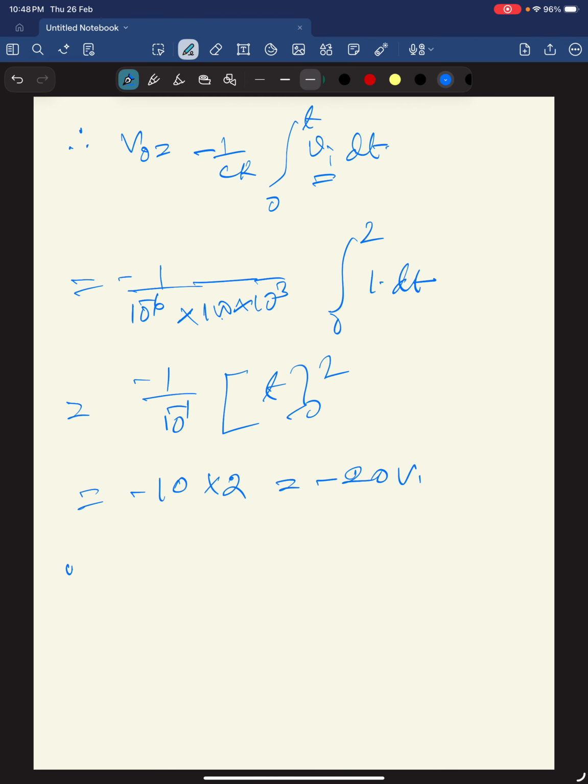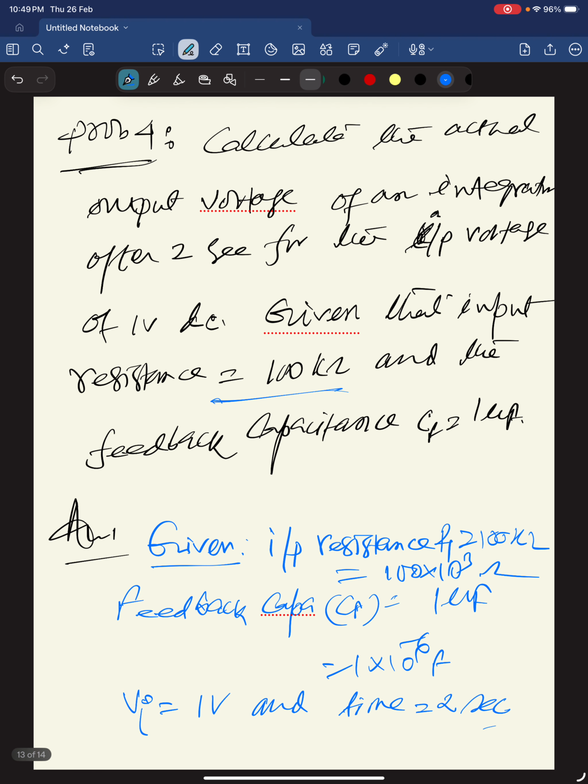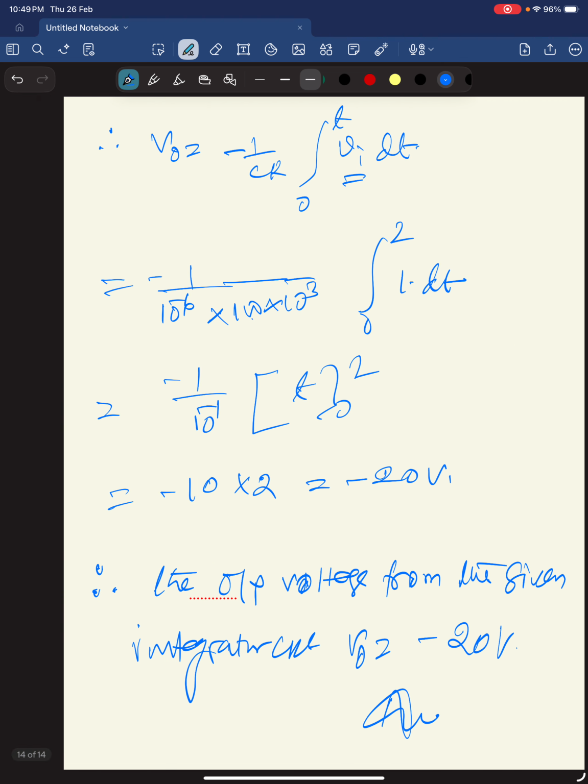Therefore the output voltage from the given integrator circuit V0 is equal to minus 20 volt. This is the answer. So this is problem number 4. Problem number 5.